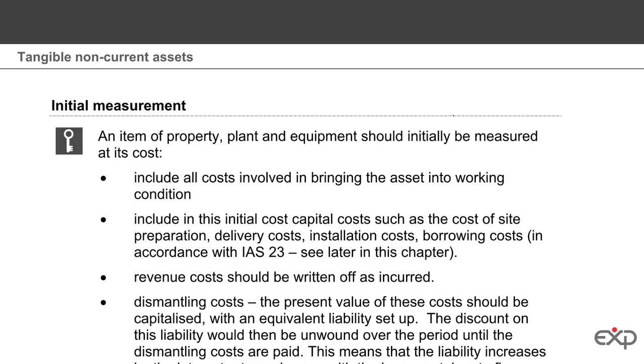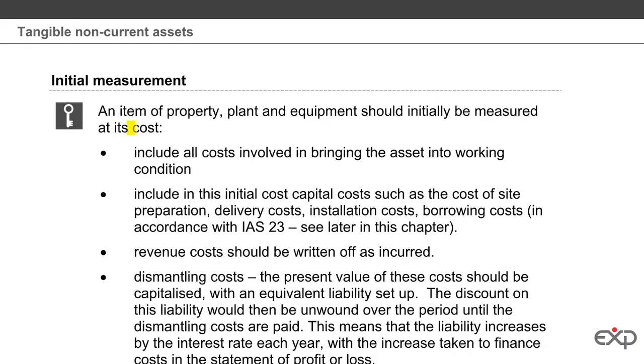Now, initially, any PPE will be included in the financial statements, debit asset, credit cash or liability, at its cost. And the cost is described as the cost involved in bringing the asset into its working condition. Now, that will include the cost of buying it. It will include the cost of site preparation.